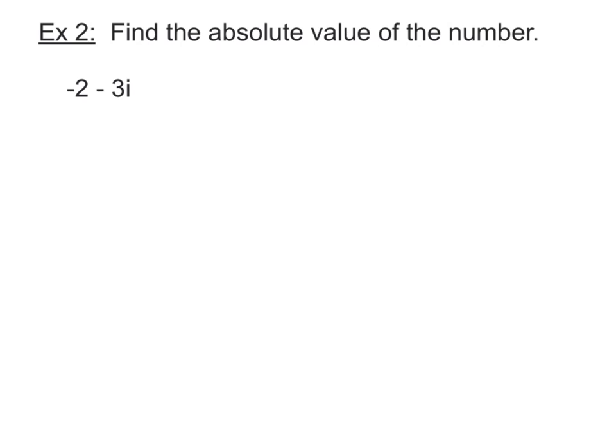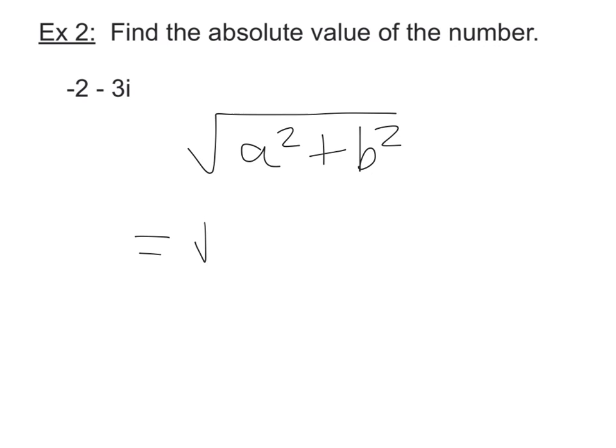So for example number 2, let's go ahead and find the absolute value of the number negative 2 minus 3i. We start with our formula: the square root of a squared plus b squared. It's as simple as that. We are going to plug in our a value, which is negative 2, and then our b value, which is just simply negative 3.